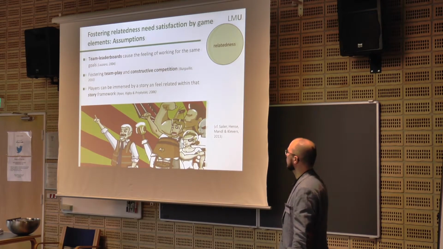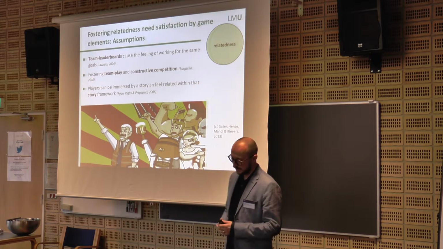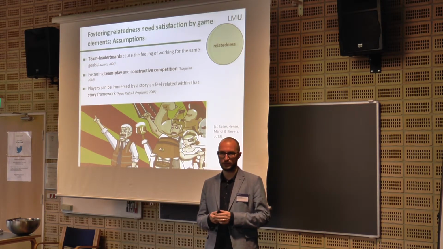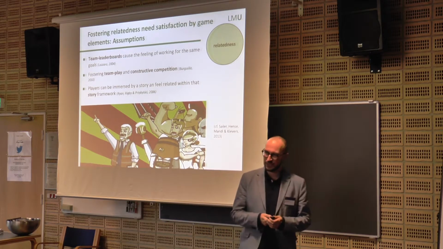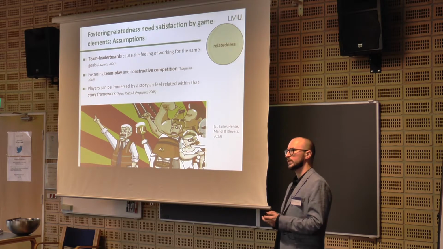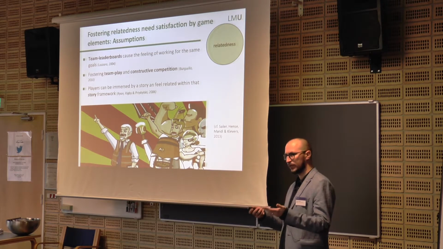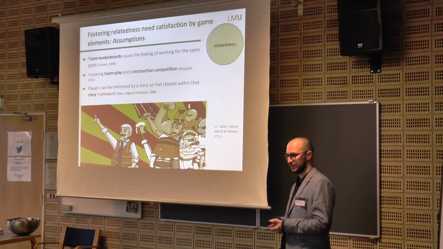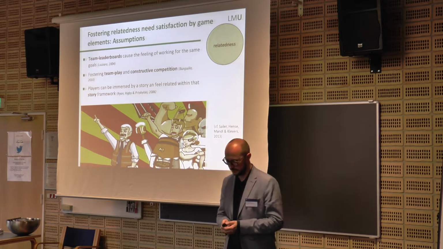Let's go to the last one, social relatedness. For example, team leaderboards could work as a way to provide a group the sense of working for the same goal. So this is about goal orientation of the whole team.